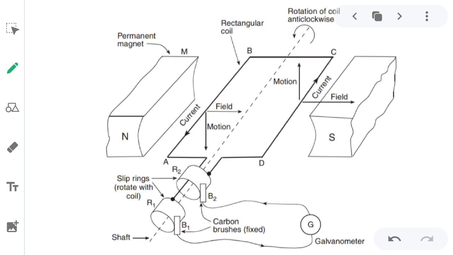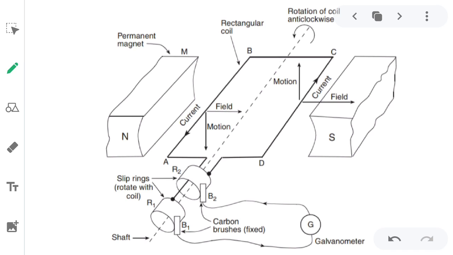Why will it change its direction? Because the conductor cuts the different magnetic field. Earlier AB was cutting the magnetic field produced in the north pole, whereas later AB will cut the magnetic field produced near the south pole, so the direction of current will change accordingly. Earlier it was from B to A, now it is from A to B.